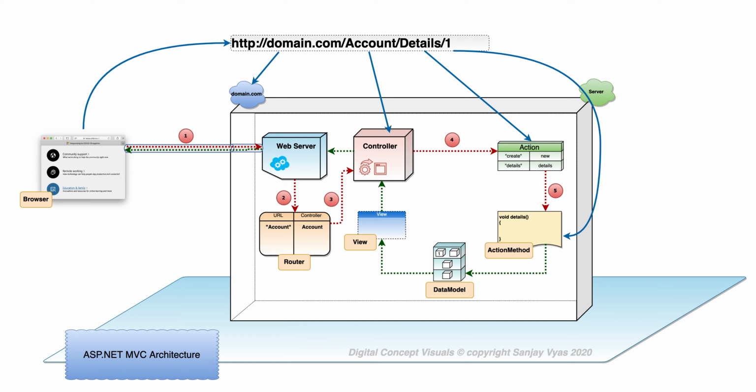The action method is called with any parameters that we have passed, and then the generation of content starts. Data model provides us the data. View presents that data and returns it to the controller to give it back to the browser.